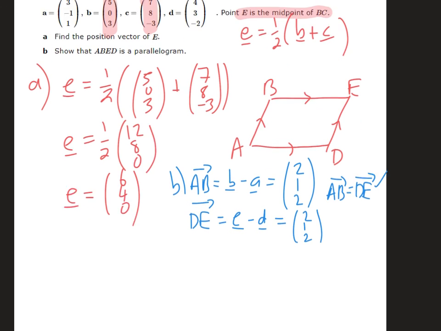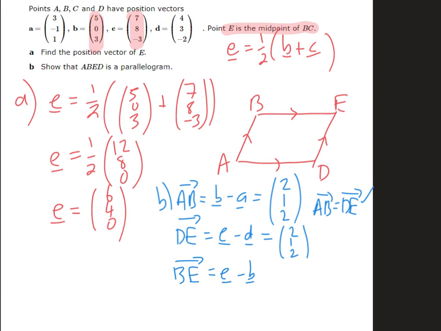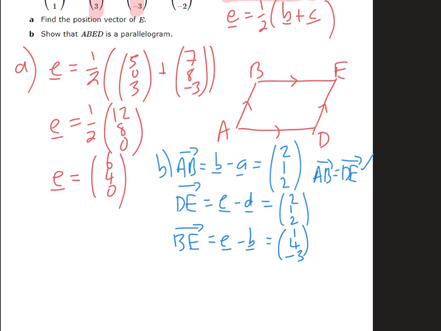Okay, now the next two. Let's do BE, so that's e minus b. 6 minus 5 is 1, 4 minus 0 is 4, and 0 minus 3 is minus 3. And then let's do AD, which is d minus a.